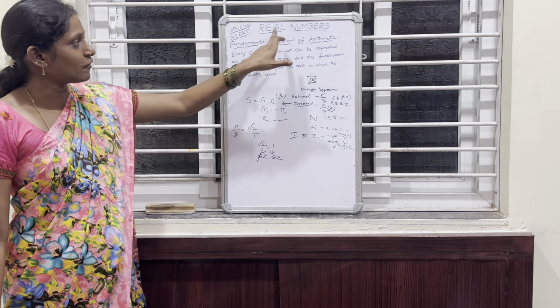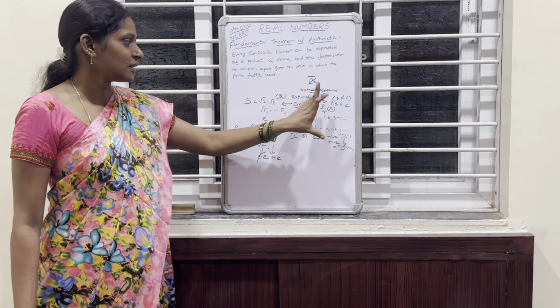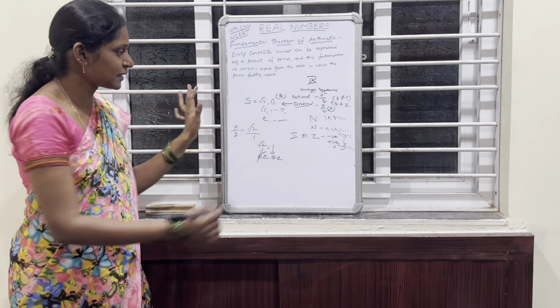Now the real numbers definition: the combination of rational and irrational numbers.